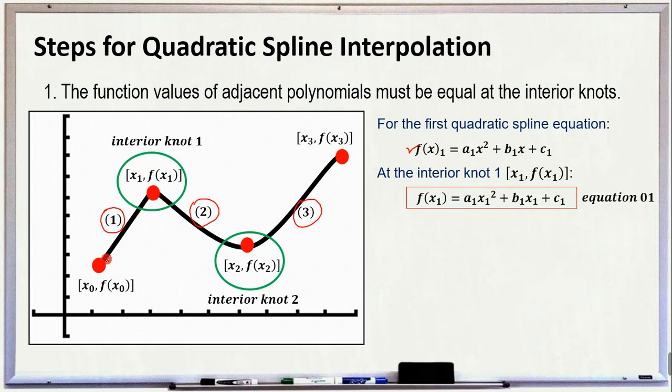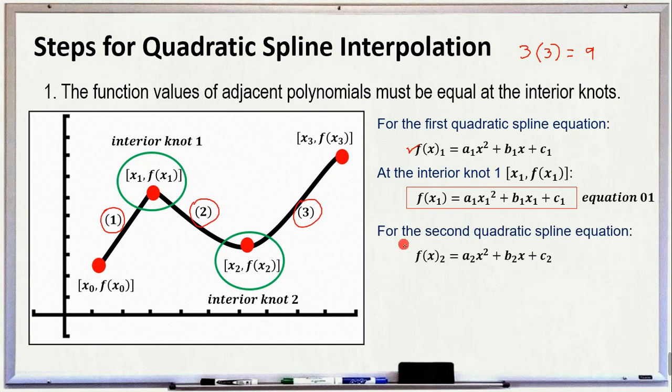Take note, for 4 data points, we have 3 intervals, and for every interval there is a corresponding quadratic spline equation. And for every quadratic spline equation, we have 3 unknowns. So in total, we have 9 unknowns for these 4 data points, so we will expect 9 equations. So this is our equation 1.